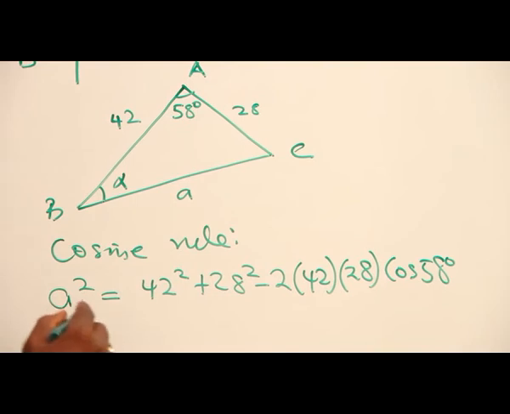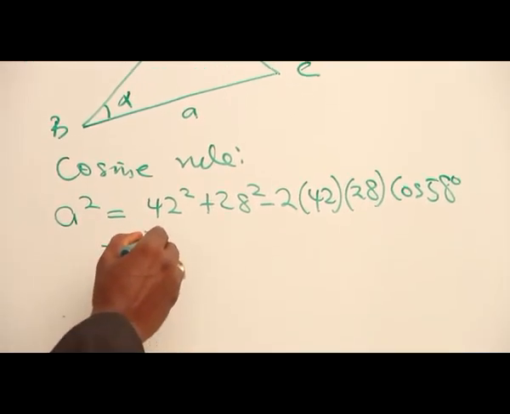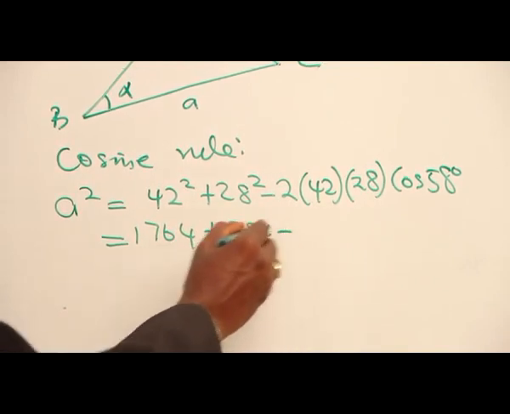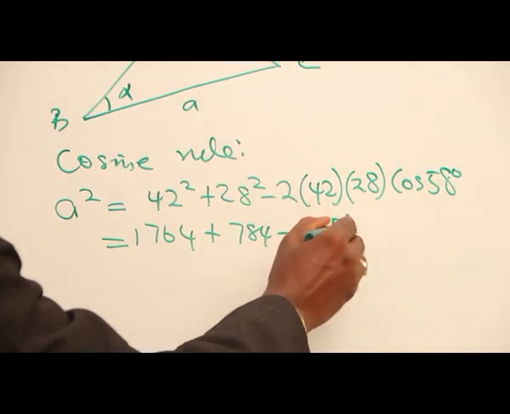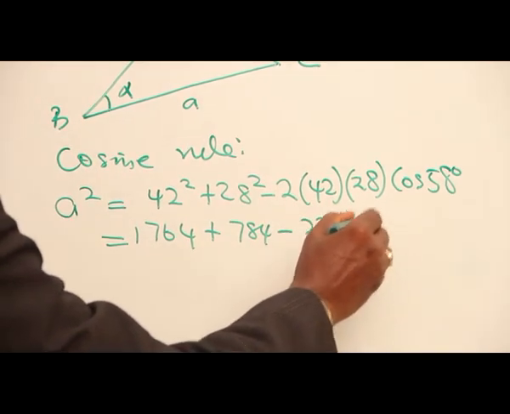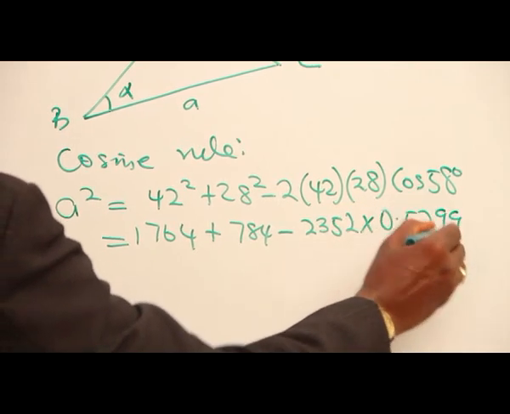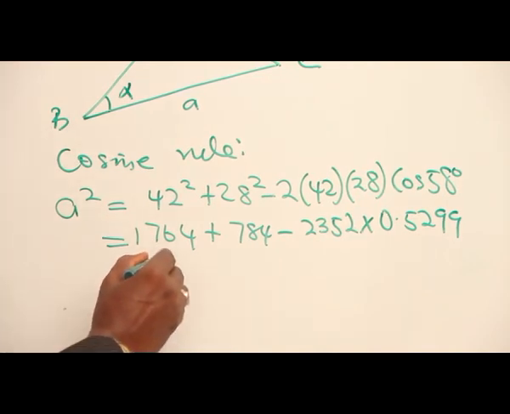It is this problem that we will solve, and it will give us 1764 plus 784, and this is minus 2352, and then multiplying the cos of that angle, which is 0.5299.